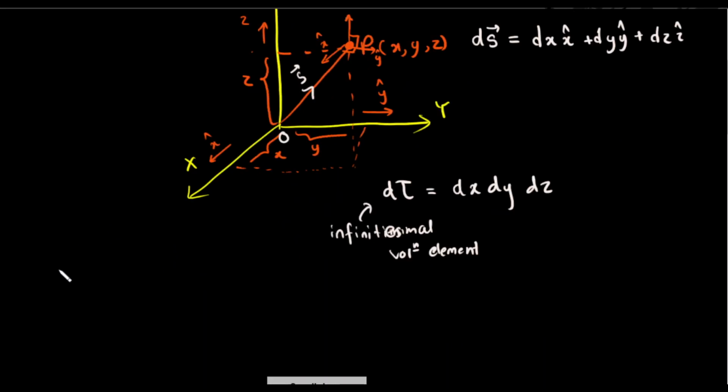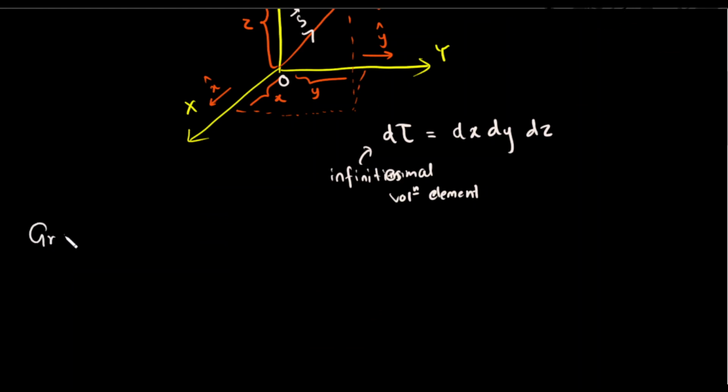Previously I talked about the gradient of a scalar. When it comes to the gradient, we defined it as the del operator acting on T, where T is a scalar. From the Cartesian coordinates, I mentioned that if we take the gradient of something, the equation will change for different coordinate systems.